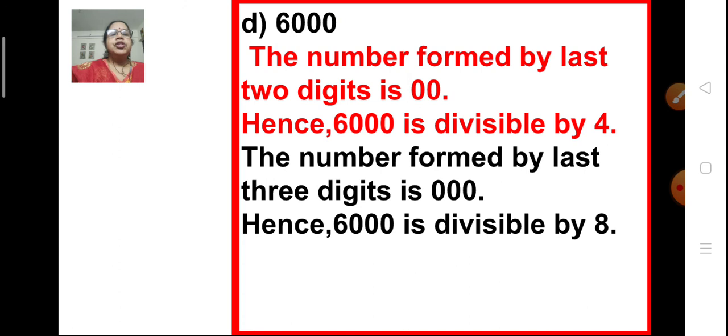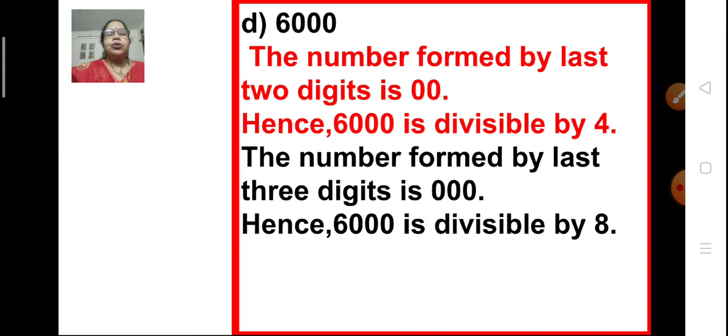Problem D, 6,000. We can see the number formed by the last 2 digits. There are 2 zeros in ones and tens place. So, as we have discussed, this number is divisible by 4. Also, we should keep in mind that a number is divisible by 8 if it has zeros in its ones, tens and hundreds place.